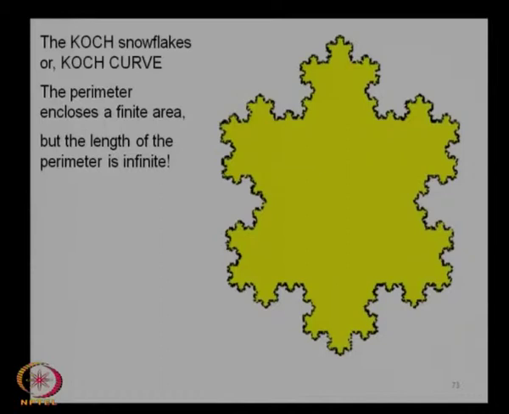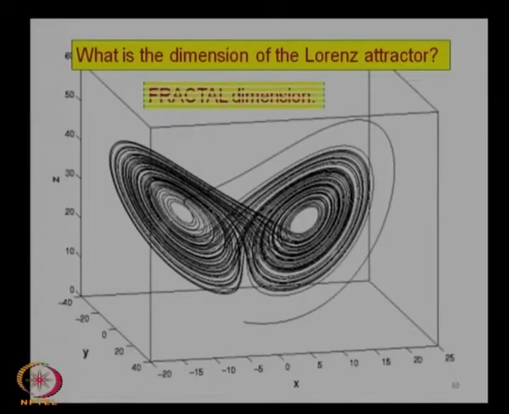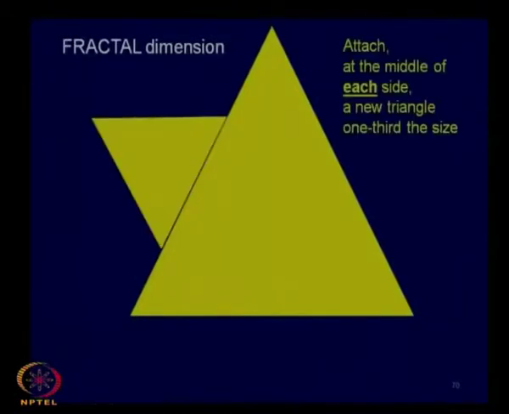We generated it from an equilateral triangle by dividing each side of the equilateral triangle into 3 parts, and in the middle part we constructed an equilateral triangle standing on that, and that was over here, I believe. Yes.